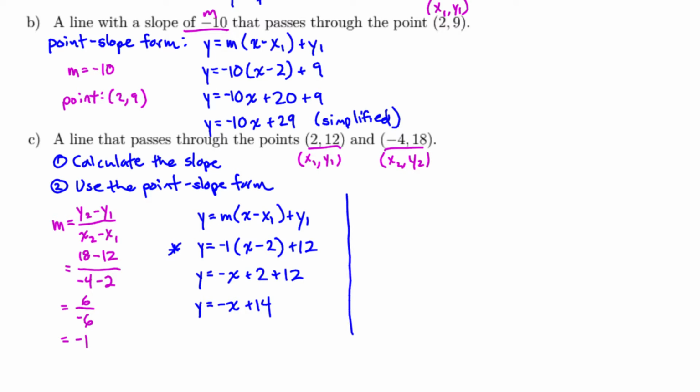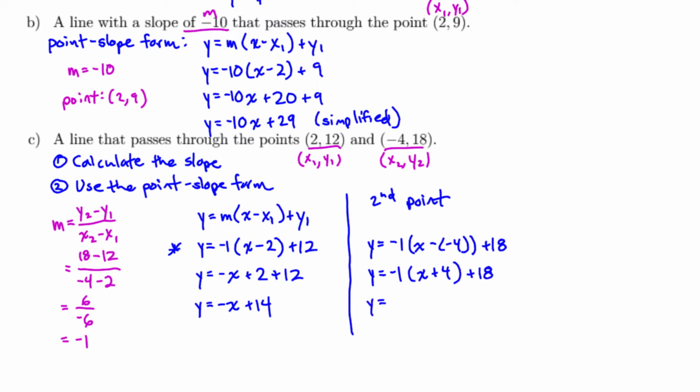Just as an example, I'll show what would happen if I use that second point. So if I use the second point, I would get y = -1(x - (-4)) + 18. So I'll simplify what's inside those parentheses. I'll have x + 4 inside those parentheses, and then + 18.